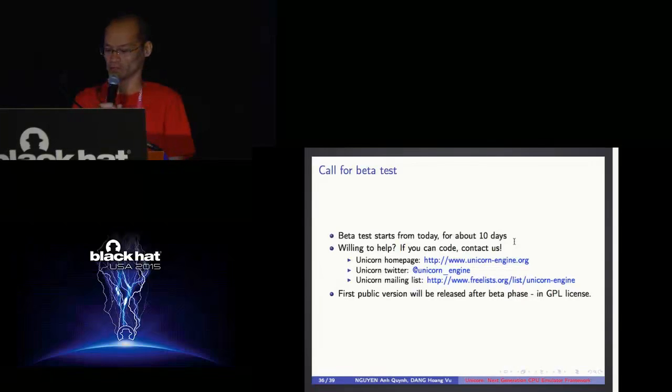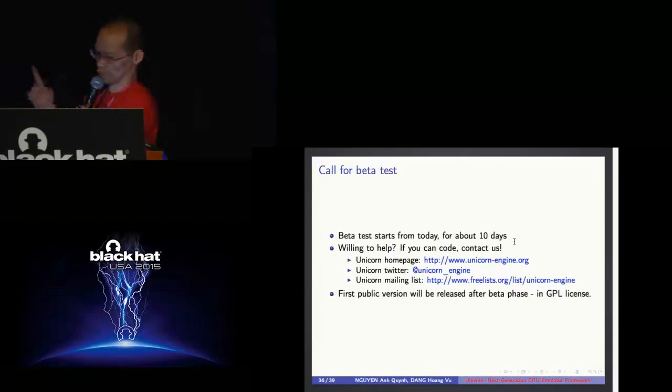We've officially opened the beta test from today. If you want to help test, contact us at the addresses on the screen, and we'll get back to you. After the beta test phase is finished, we'll officially release everything to the public, and the license of Unicorn will be GPL.